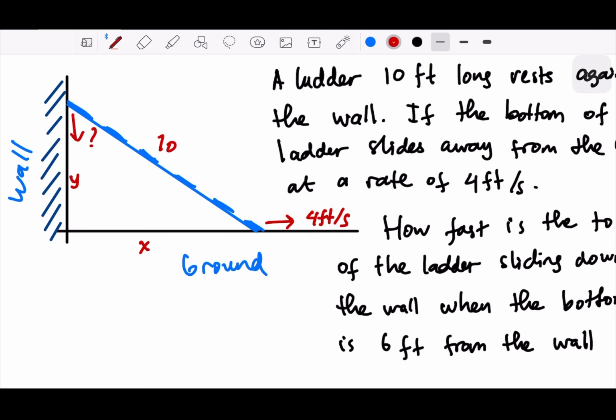If this is x, then this will be dx over dt, since it's over time. This question is actually asking for dy over dt.